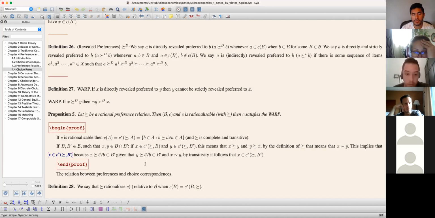By definition. So because X is preferred to B for all B in B prime, given that Y is preferred to B for all B in B prime, and X and Y are indifferent, then by transitivity it follows that X also has to be here, right?